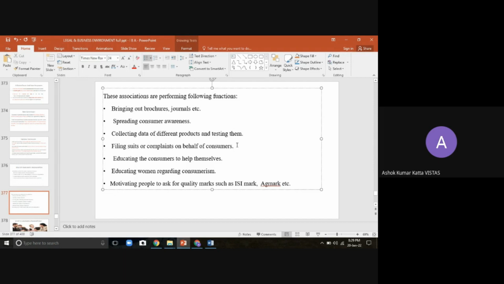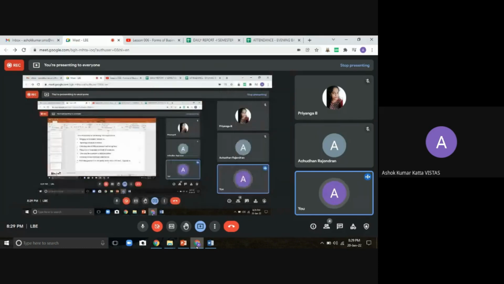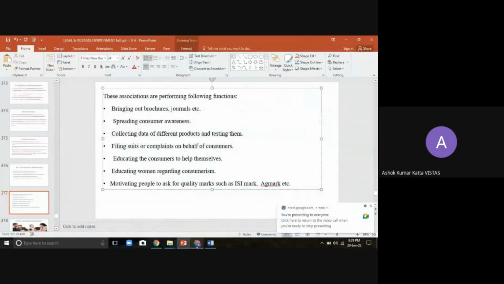But mostly the companies will not accept any cases or legal aspects, because that is going to be a big blow to their company reputation. So companies also look at those aspects very clearly.